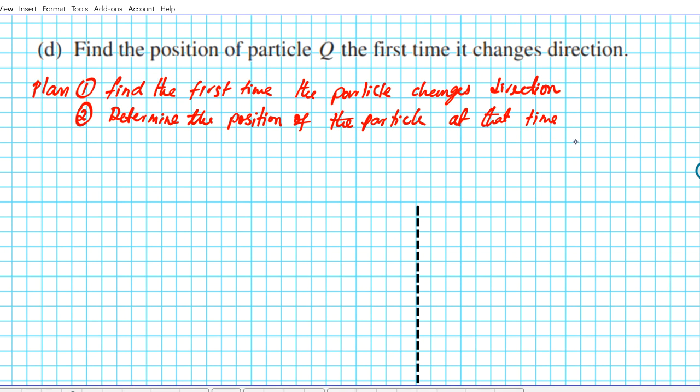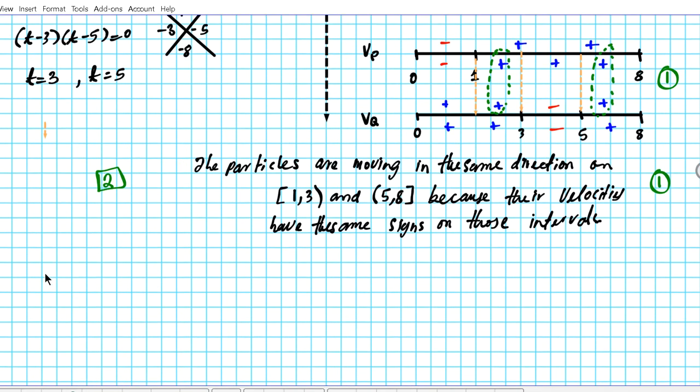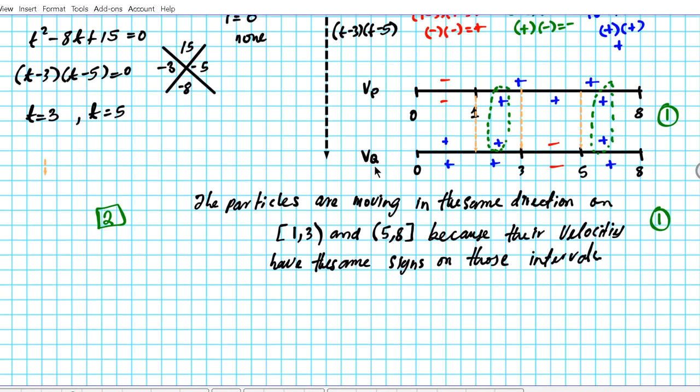Okay, so when does the particle first change direction? The particle Q first changes direction when the velocity first changes sign. Now we can consult what we did in part B to determine the answer to that. So let's go back to part B. In part B, for the velocity function of Q, we know that at time t equals 3, the sign of the velocity changed from positive to negative, and then at t equals 5, it changed from negative to positive. So the first time is at time t equals 3.